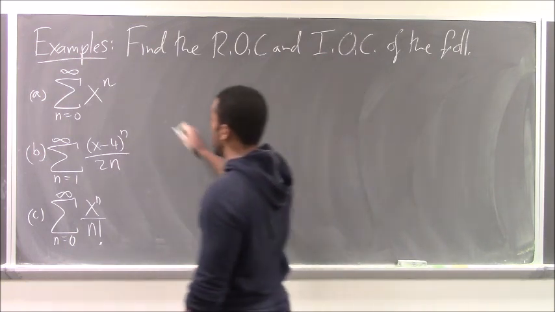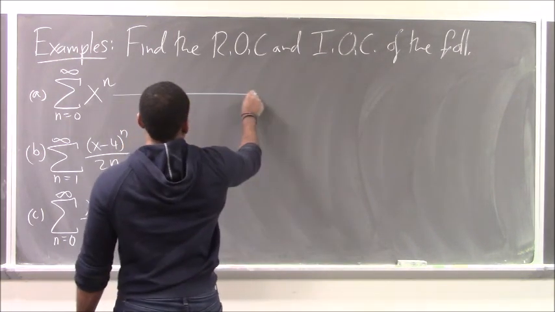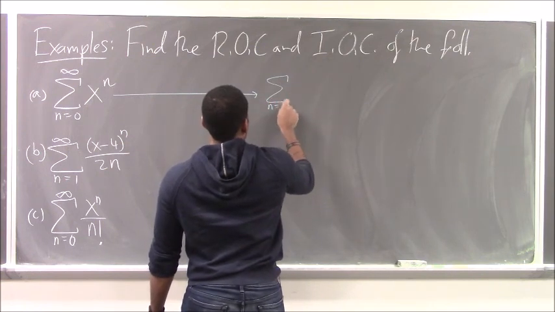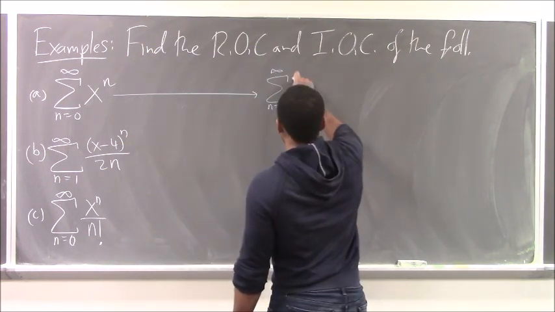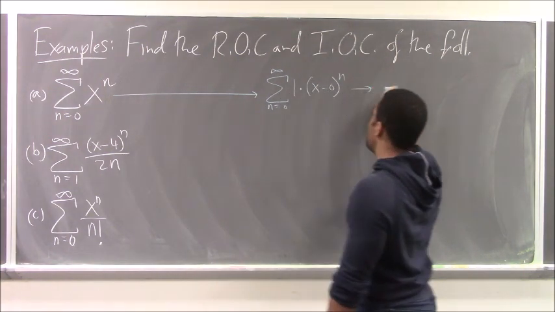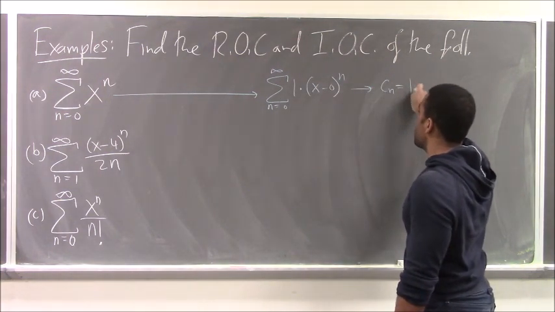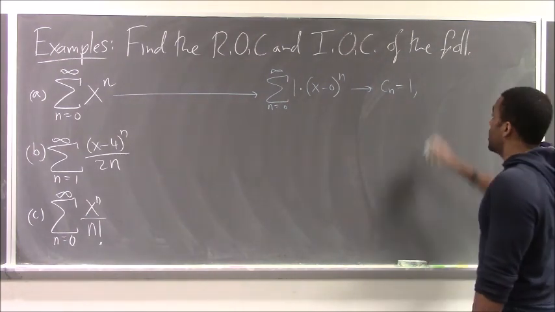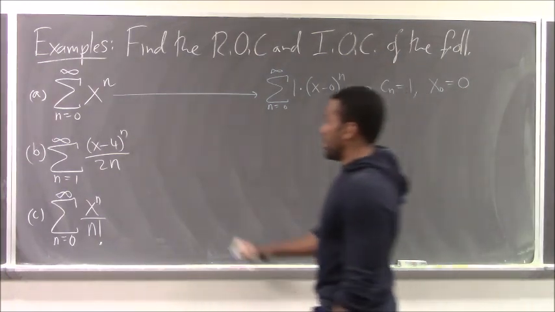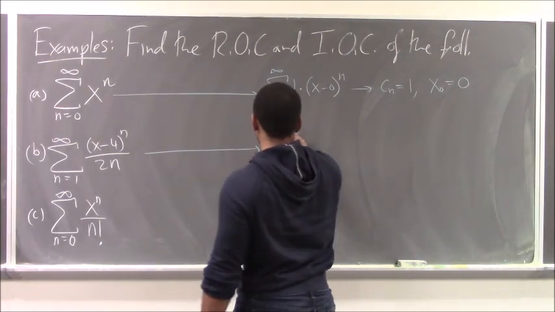Notice that this guy here, it's like me saying n goes from 0 to infinity of 1 times (x minus 0) to the n. So this is a power series where your Cn is always given by the function 1, and your x naught is actually 0.